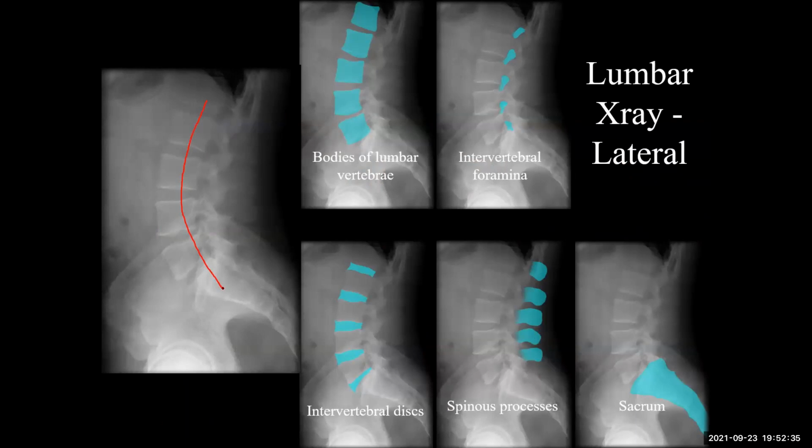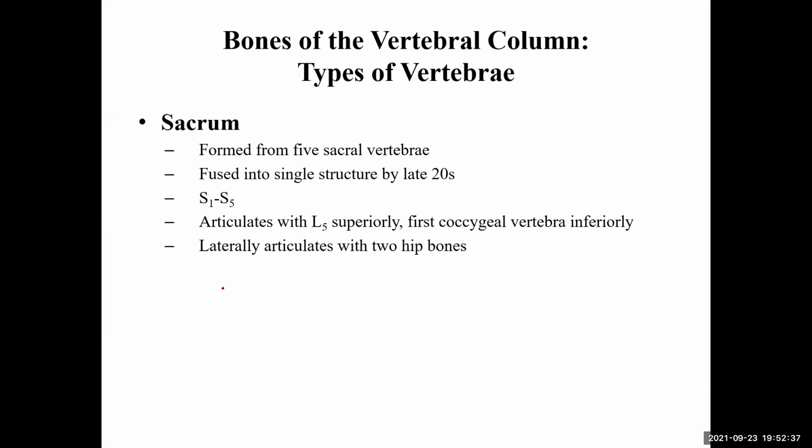Looks pretty decent. All right, the fourth division is the sacrum. At one point, there were 5 individual vertebrae. They've all since fused. They fuse completely by your late 20s. So if you're in your late teens or early 20s, this bone is still fusing.